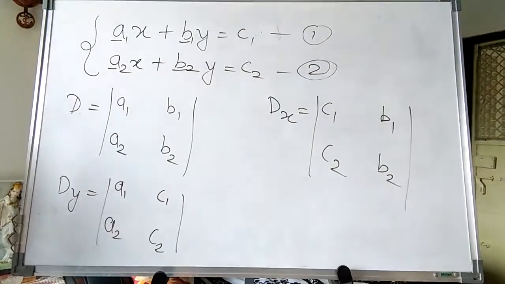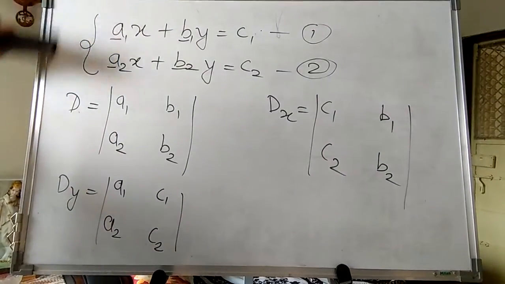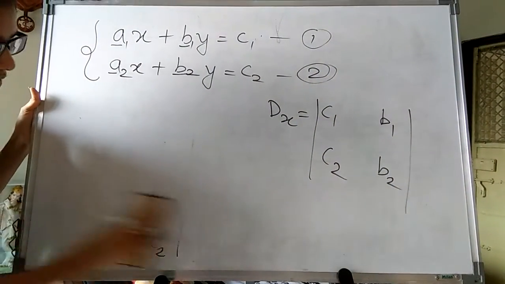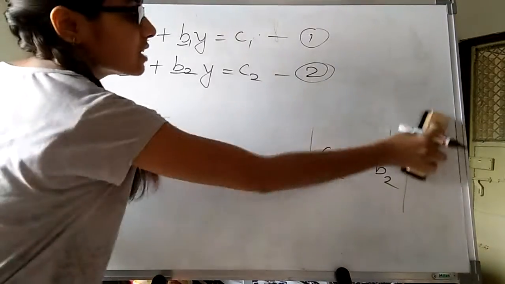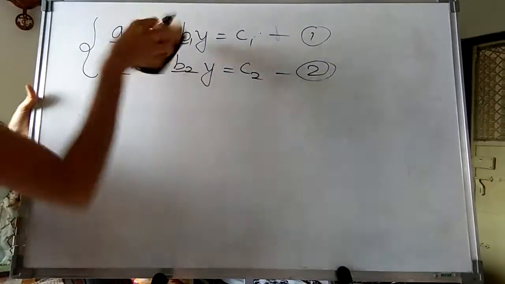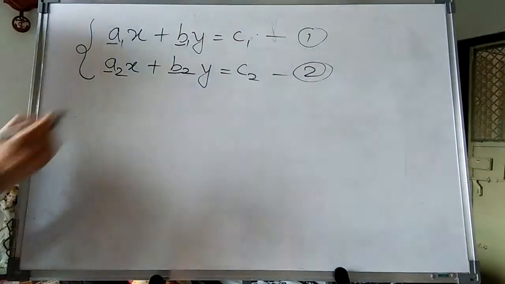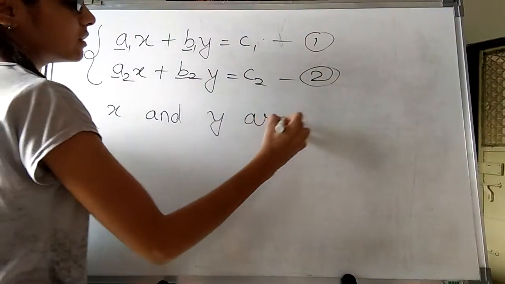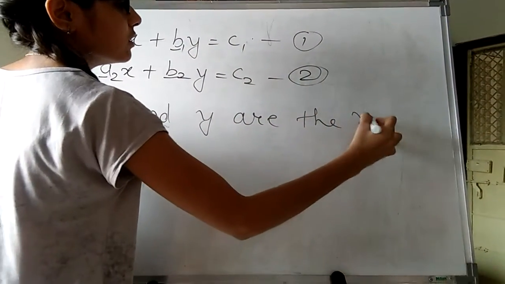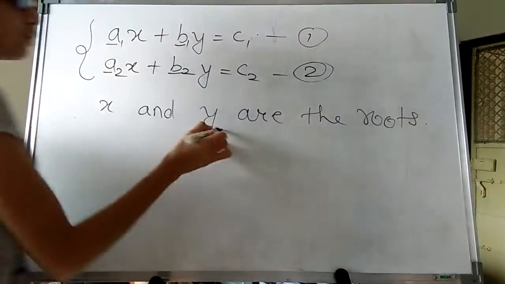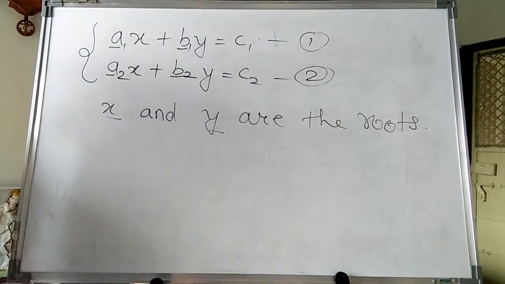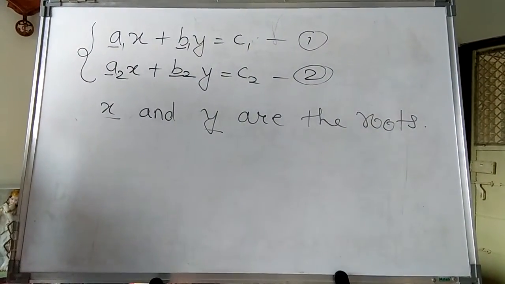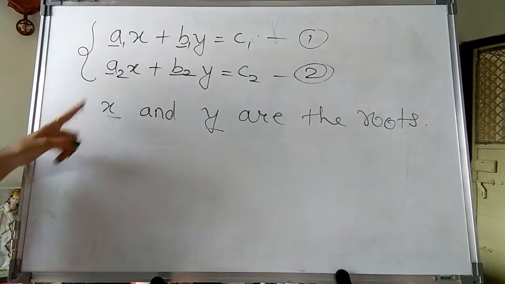But now you will say the solution of this simultaneous equation is to find x and y, because these are the roots of this equation. Roots in the sense, the solution for these two equations. So how to find x and y? Because in the elimination method and the graphical method, at last what was your step to find x and y?